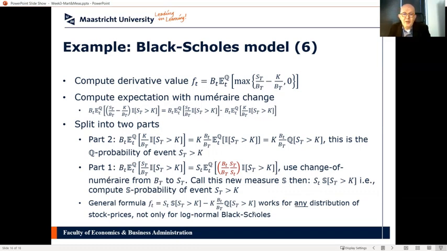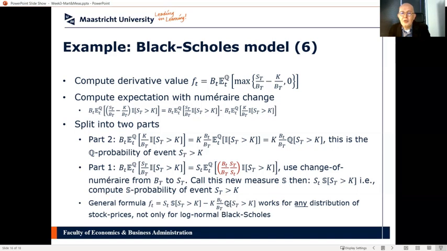That, I think, is a very interesting insight: the structure of S times N(d1) minus K times N(d2). N(d1) and N(d2) are probabilities, and there is a much deeper interpretation and connection: it is the probability of the same event, that the stock price ends up in the money, but the same event is viewed under two different martingale measures.